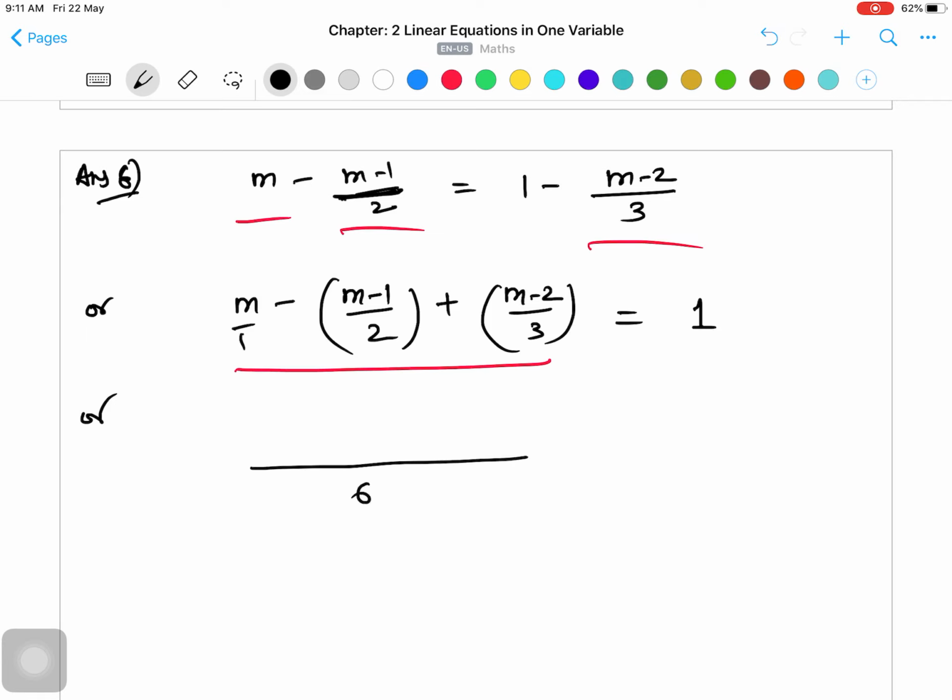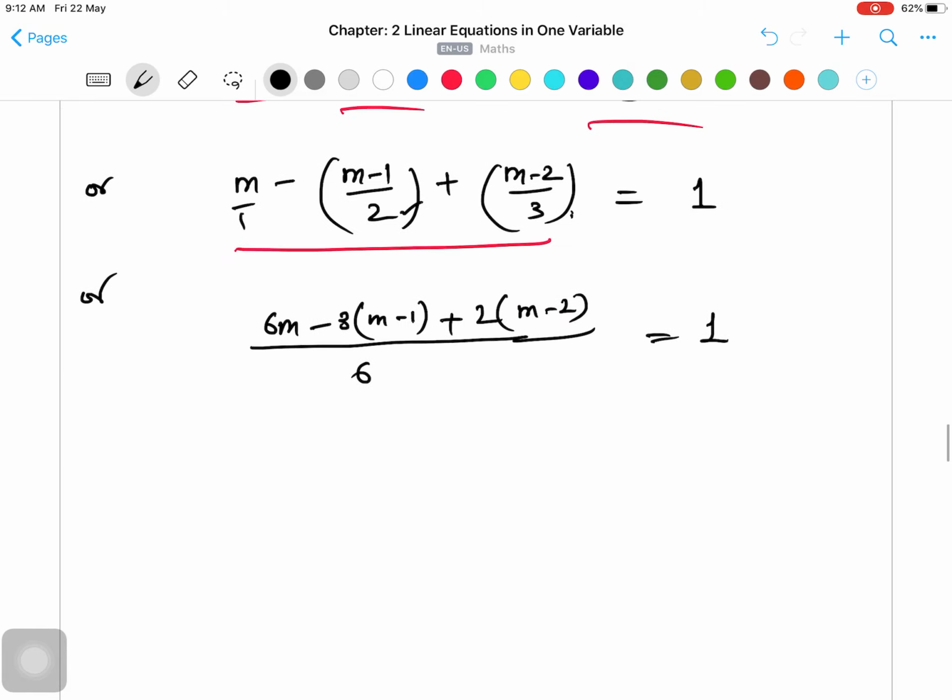In order to make 6 here, we need to multiply 6 in the numerator and denominator, so it will be 6m. Similarly, in order to make 6 here, we need to multiply 3 in the denominator and numerator, so it will be minus 3, and inside the bracket we have m minus 1. Then we have plus. Similarly, we need to multiply 2 in the denominator and numerator, so it will be 2 multiplied to m minus 2, equals 1.